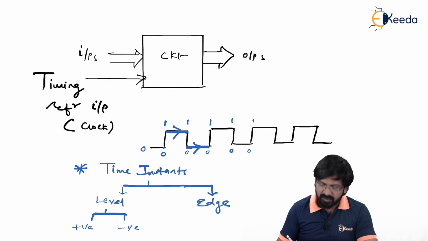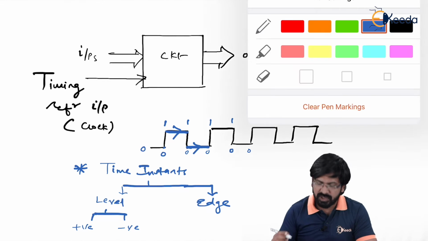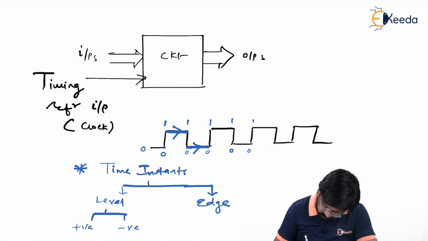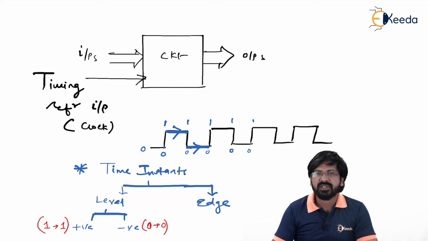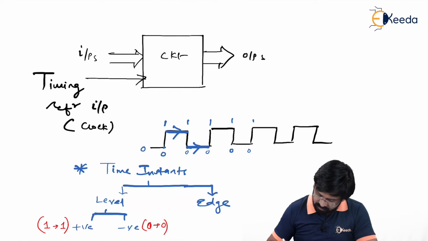Remember, for positive level we are transiting from 1 to 1, and for negative level we are transiting from 0 to 0. And even in edge we have two types called positive edge and negative edge.